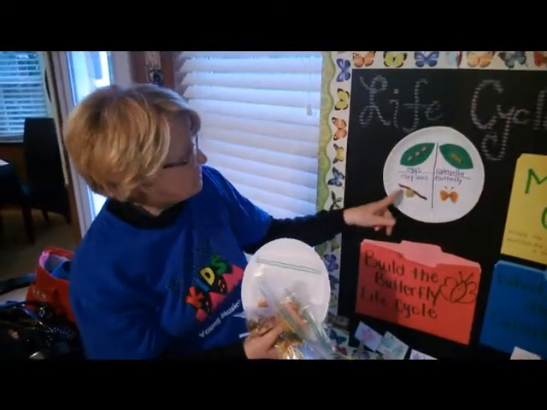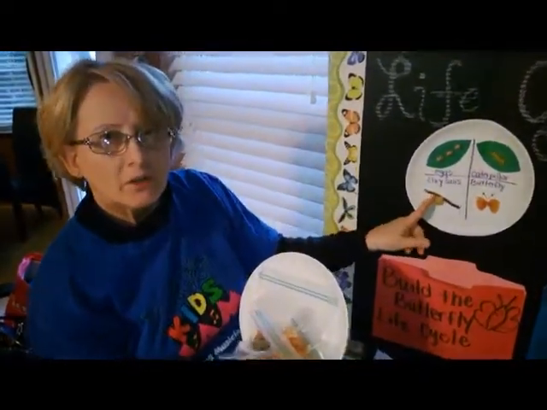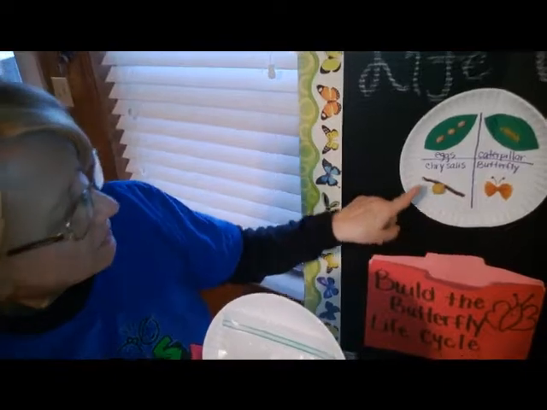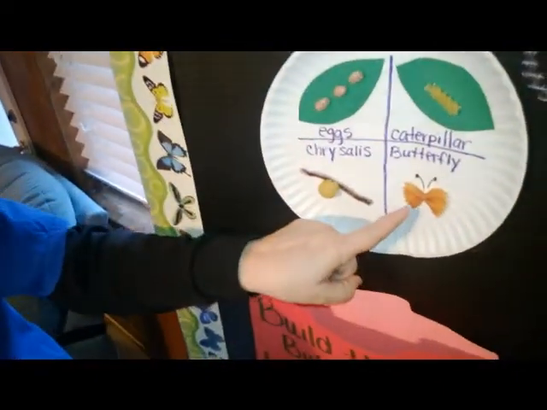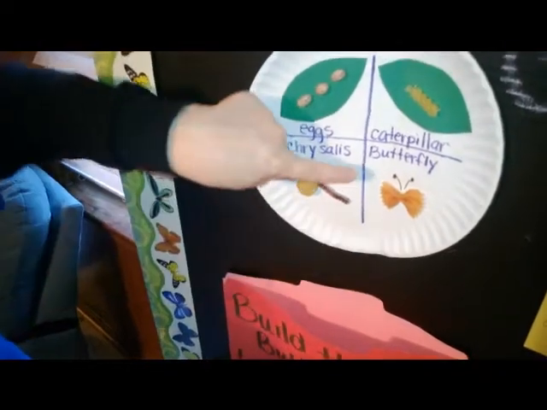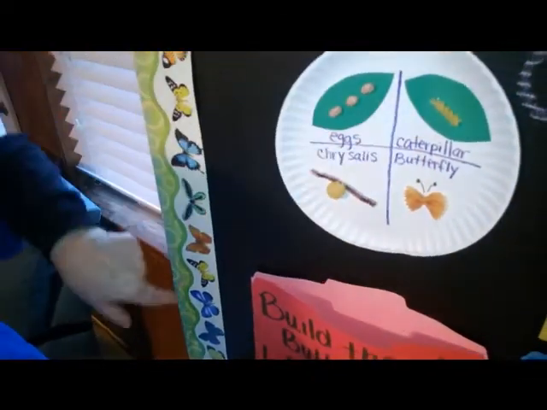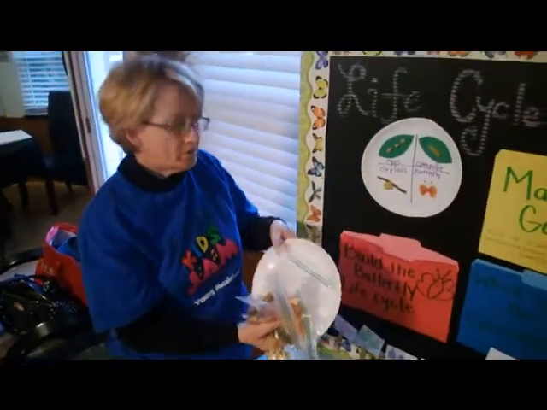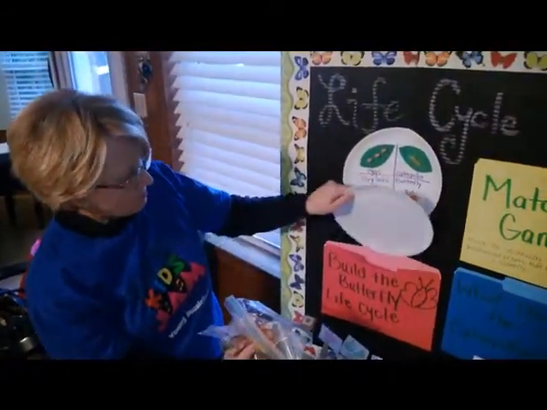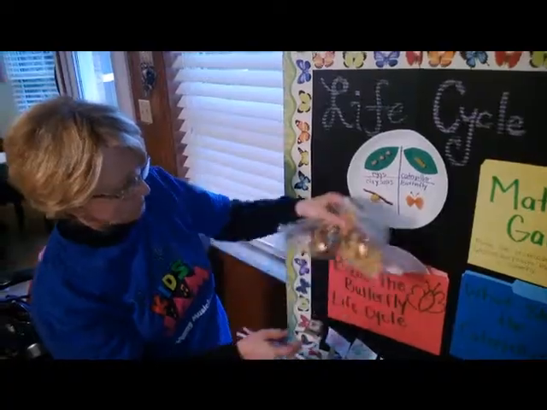The pipe cleaner is used to represent the stick on which the chrysalis will hang, and they'll glue that in the 3rd quadrant. And in the 4th quadrant, they will glue the bow macaroni and draw some little antennas, and it will represent the butterfly. Once they have completed their project, they will put all the materials back into the pocket for storage.